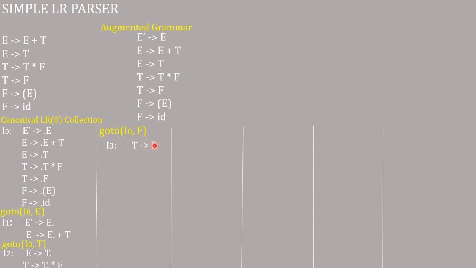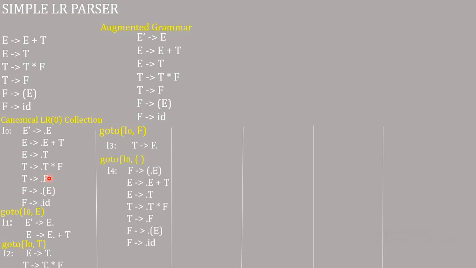Here you don't have any other production with dot followed by F, only one production, and in that production we have shifted the dot symbol. So you'll be getting only one thing, and you have to also check whether there is any possibility of applying closure operation. Here there is no possibility because dot is followed by an empty space, right? So let us proceed further.